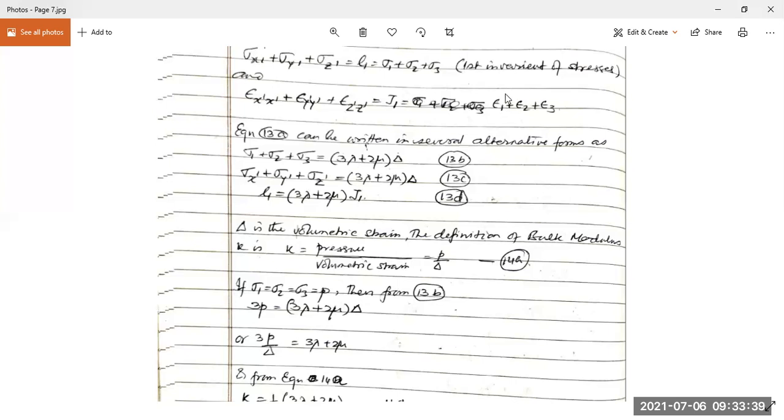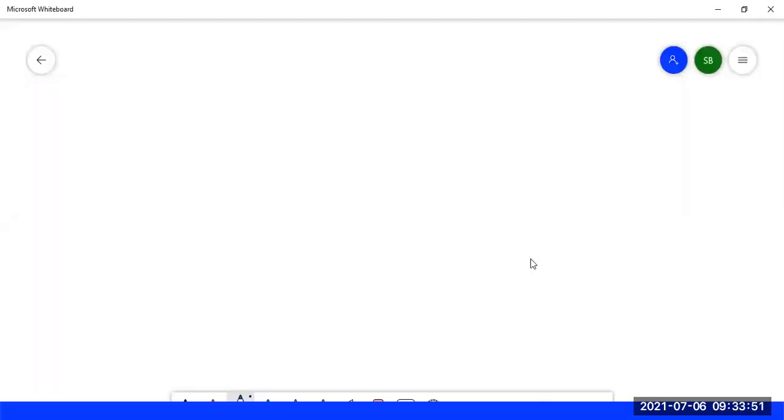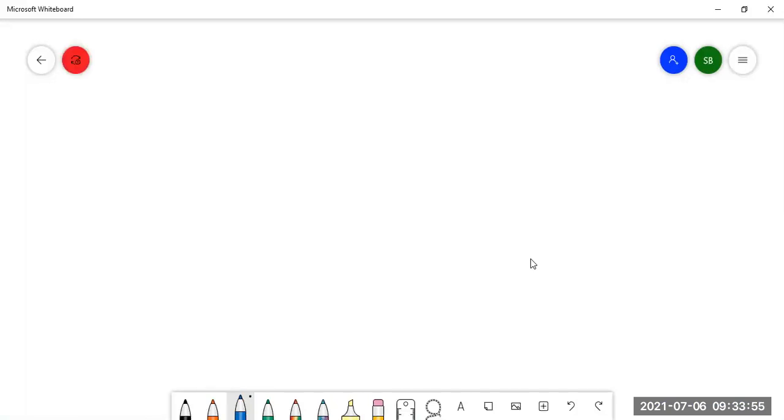What will happen like this? What we'll find from here, we know K is equal to pressure divided by volumetric strain.